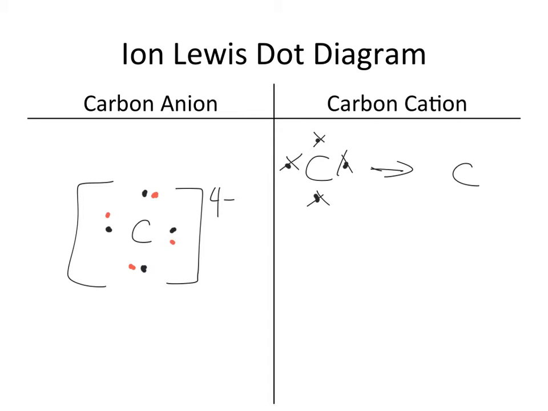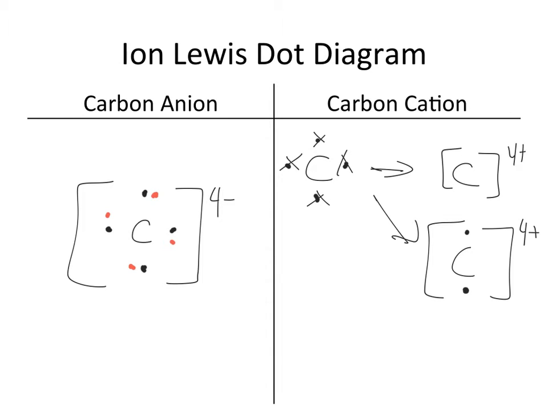So you can draw this one of 2 ways, depending on what your teacher wants. In our case, we're going to get rid of that outer level and show the inner level. Because carbon gets rid of those 4 valence electrons, it only has 2 remaining here. To show that it has lost something, since it's an ion, we're going to put brackets. It's lost 4 electrons, so we get 4 plus. Alternatively, some people might draw it like this, where carbon just has an empty outer shell, and you have 4 plus.